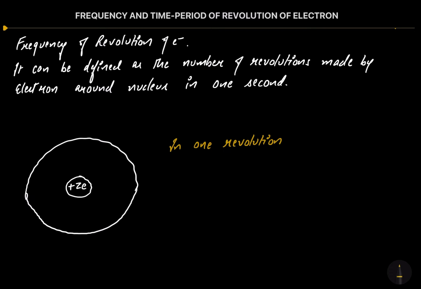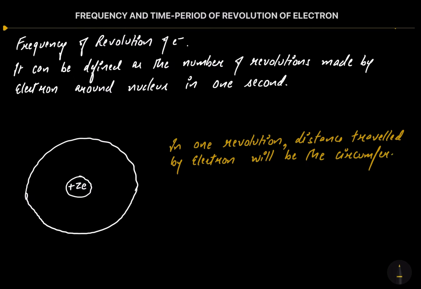So, in one revolution, distance traveled by electron will be the circumference of the orbit.